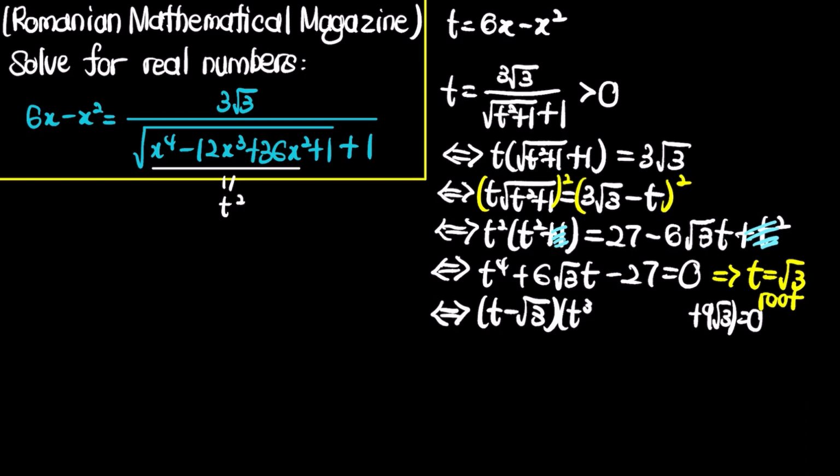And then we just have to guess the remaining terms. You know that the coefficient for the expression t cubed in the original polynomial is equal to 0. So in order to compensate the negative square root of 3 times t cubed, we must have a term which is square root of 3 t squared.